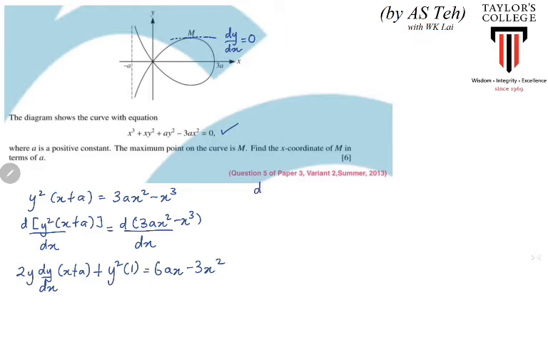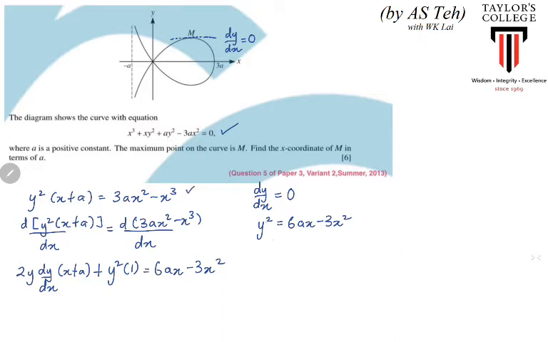The other part we need to look at is the dy dx. When dy per dx equals 0, the left hand portion of the equation becomes 0. So this just leaves y squared equals 6ax minus 3x squared. From the previous equation when we factored out y squared, I can substitute y squared from this part of the equation.